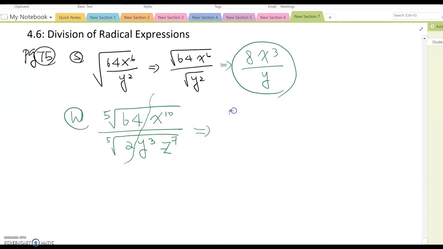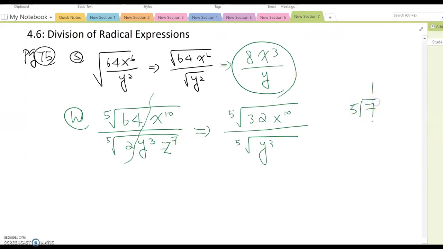Then this becomes the fifth root of 64 divided by 2, which is 32, and x to the 10th power, over the fifth root of y cubed. Now for z^7, one z can come out because 7 divided by 5 is 1 times 5, and then 2 left. So 1 z comes out of the radical expression, and z squared is left inside the radical.